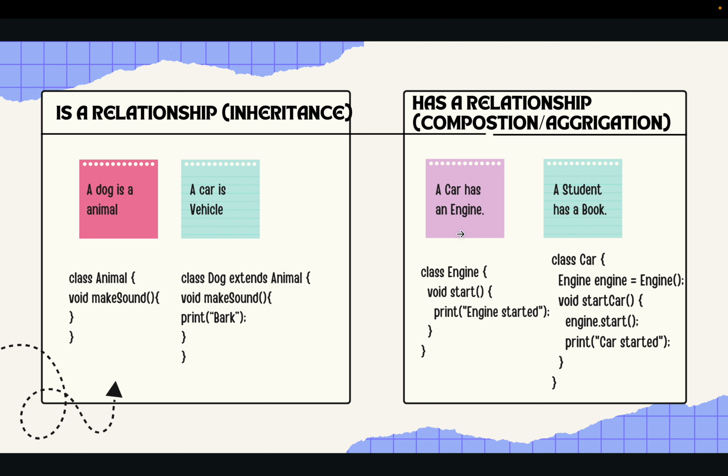From a car, an engine can be removed. A student has a book, so a book can be removed from a student. Those are all removable components.